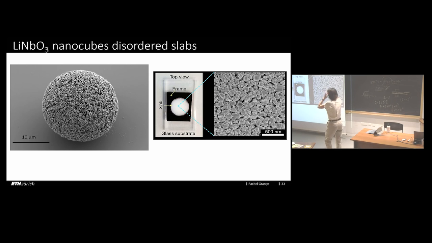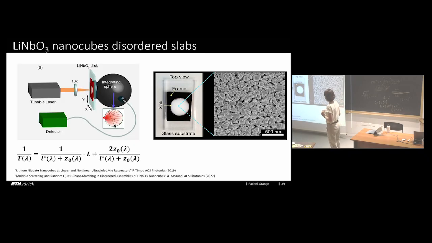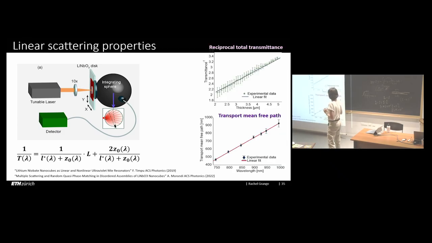We have been doing not only balls, but also slabs. So we work on slabs where we control exactly the thickness of the slab. And when you know the thickness of your slab, you can measure through an integrating sphere the transport mean free path of this material, or also the total transmittance.